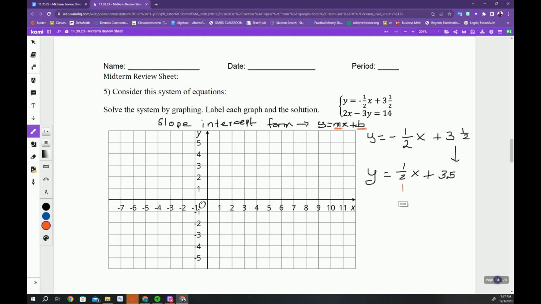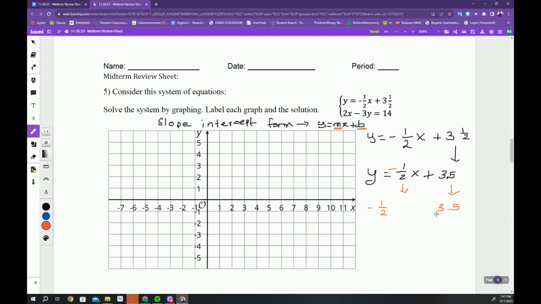So if I take a look here, our slope is 1 half. Oh wait, I'm missing a sign here. This is negative 1 half. Our slope is negative 1 half, and our y-intercept is 3.5.